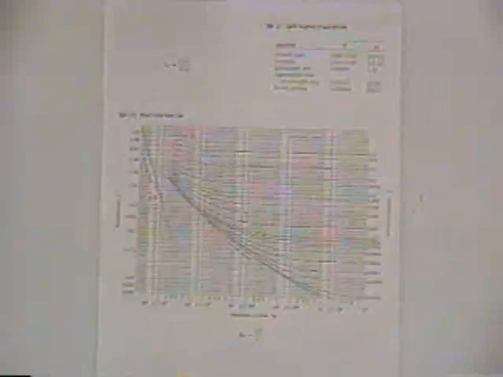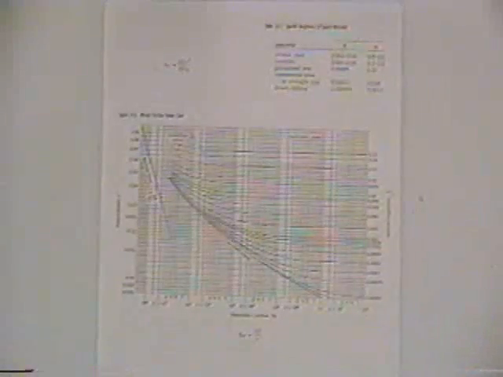And so this I've Xeroxed out of your manual. And this is the Moody diagram that's been around for several decades now. And people did a lot of experiments over many, many years and some of the early experiments you can actually visualize to help you understand the concept of an epsilon.